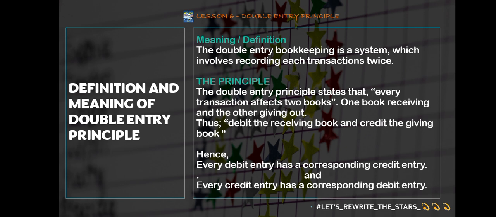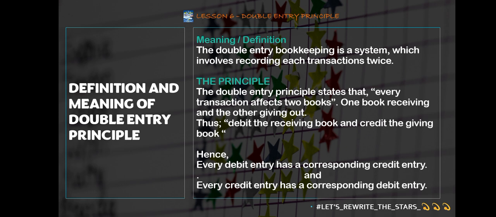So now let's look at what the principle says in detail. The double entry principle states that every transaction affects two books. And what are these books? The one book is receiving and the other is giving out.